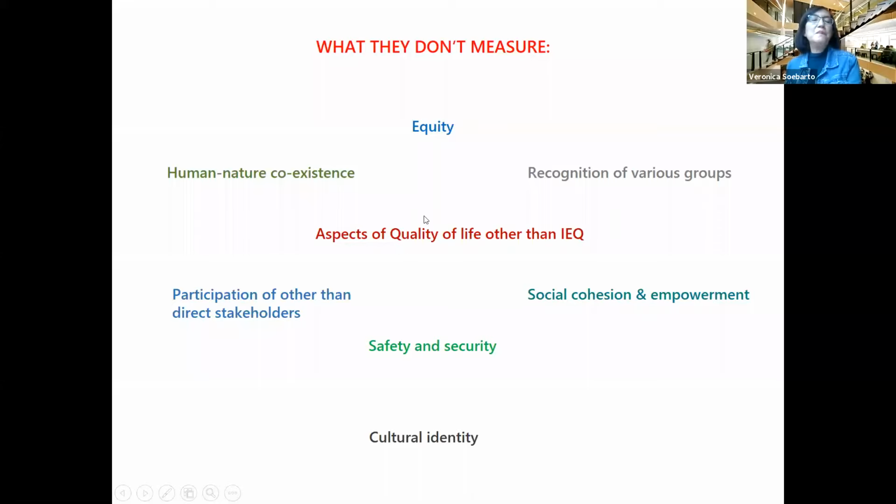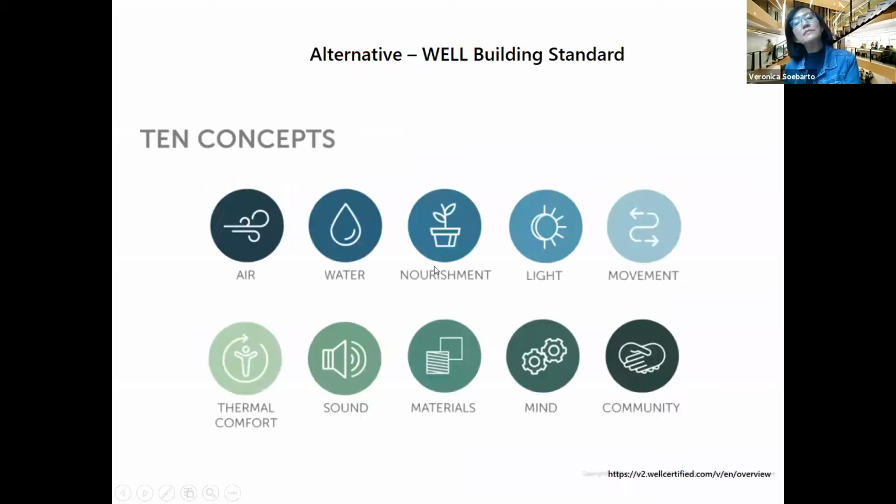So aspects of quality of life, such as indoor environment quality, yes, it measures, but Greenship doesn't measure issues on equity, human nature, coexistence, recognition of different groups, participation, other than just the stakeholders, just the client. It doesn't measure social cohesion, safety, security, or cultural identity. So I think you need to go beyond Greenship. I think that's my message.